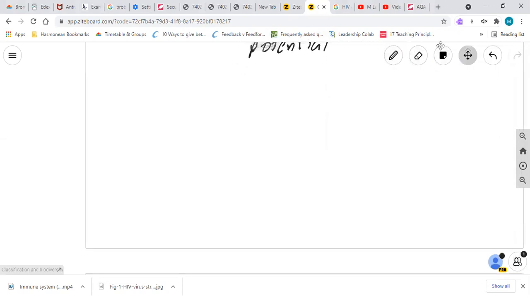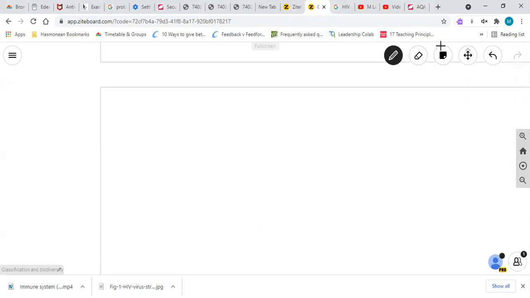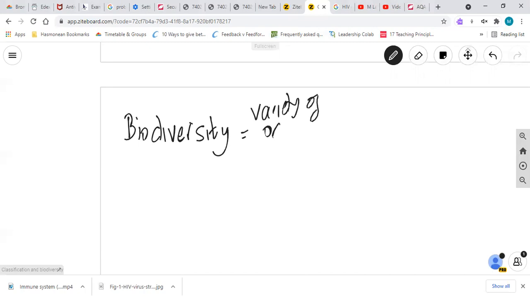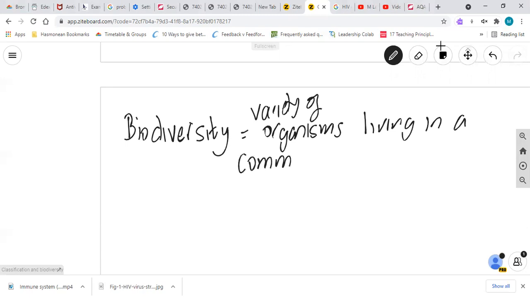So the last thing for us to think about within this unit is the concept just generally of biodiversity. Now we know that includes genetic diversity, but I'm looking here at the variety of organisms living in a community. So a community is all the different species that you've got. So there's 2 things we need to know to measure biodiversity.